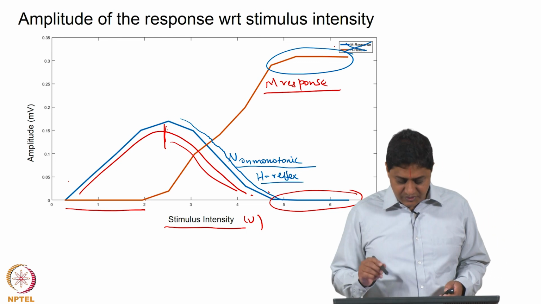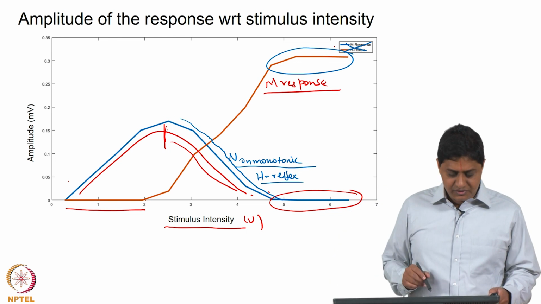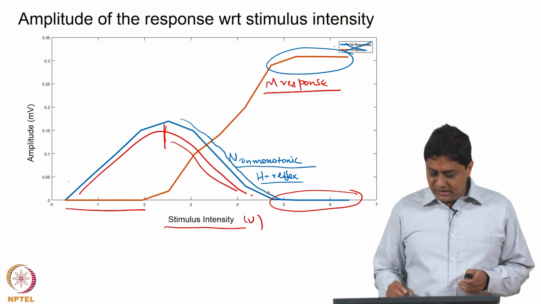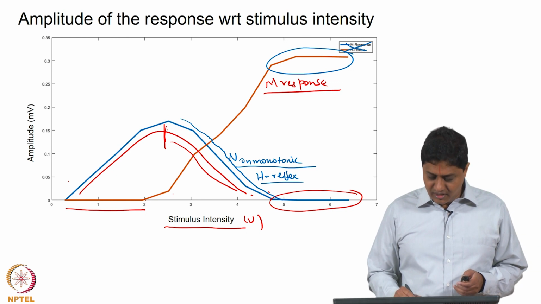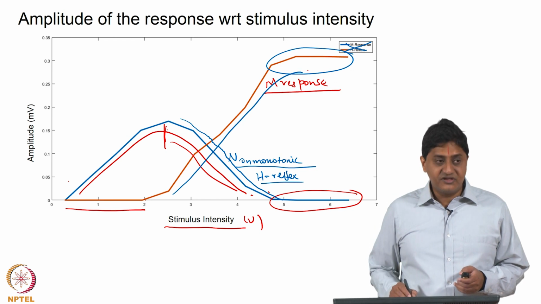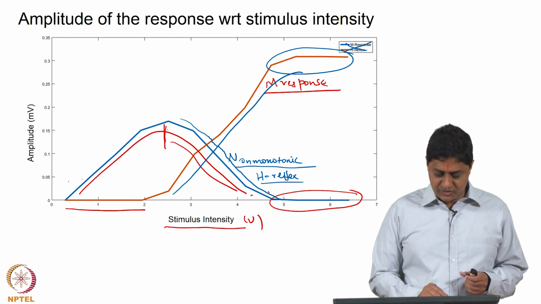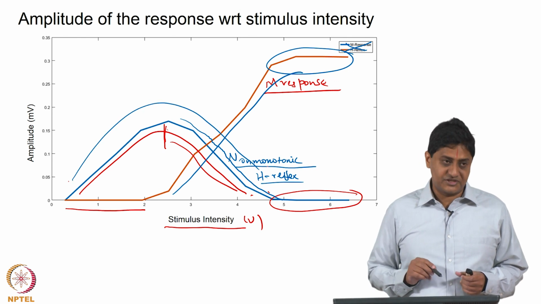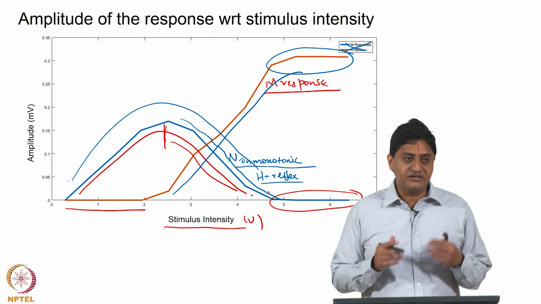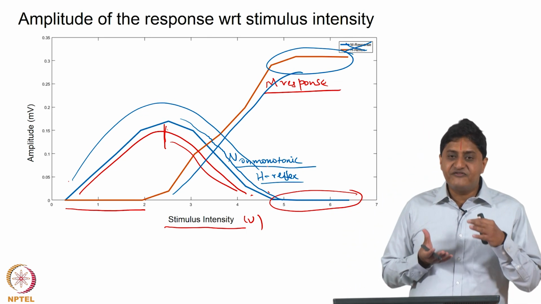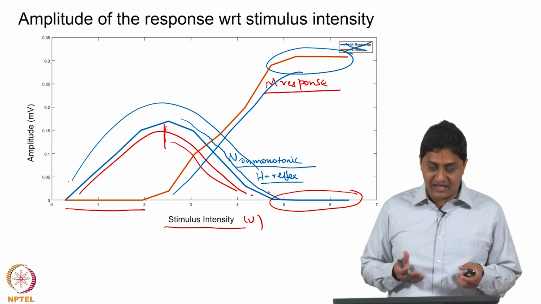Please do read about this, but at least I have given you a start to read. Okay. So, this is why the M response has a monotonic increase with stimulus intensity, whereas the H reflex shows a non-monotonic response. This is the critical difference between the M response and the H reflex because of the physiological basis of why this happens. Okay.